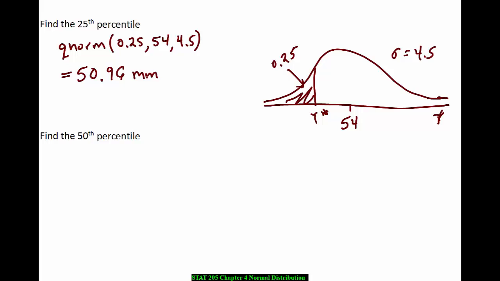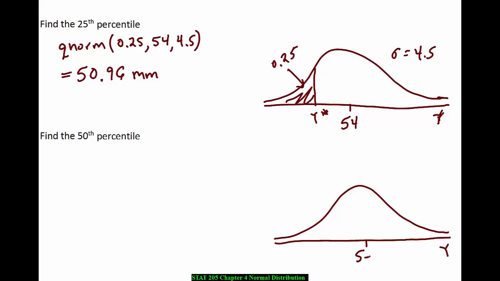So now we want to find the 50th percentile. Let's go ahead and draw a picture. This normal distribution is centered at 54. The standard deviation is 4.5. And so where is the 50th percentile going to be? We kind of already gave this away by talking about our last example. It should have 50% below the mean in the normal distribution because it's a symmetric distribution.